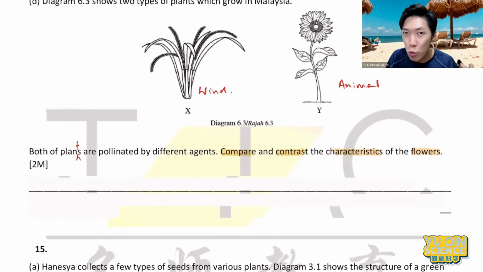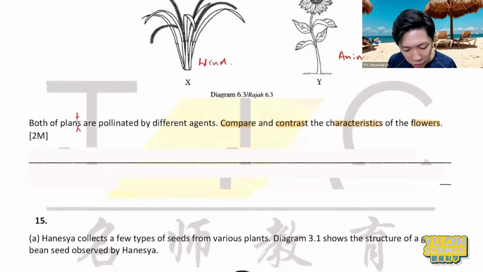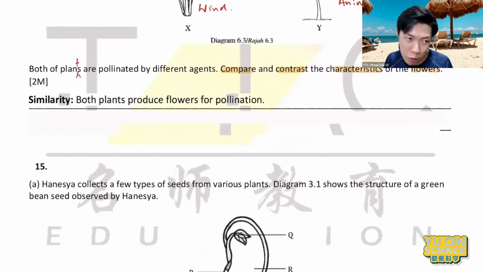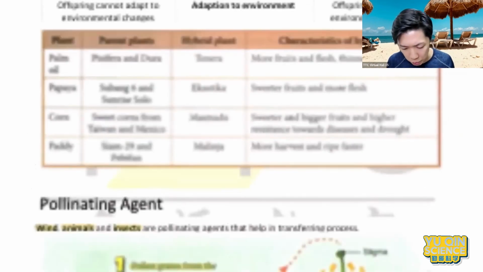No matter wind or animal, you have pollen grains. Or you produce flower at least. Doesn't matter if your flower is colorful or not colorful. The similarity is you have flower or you have pollen grain.